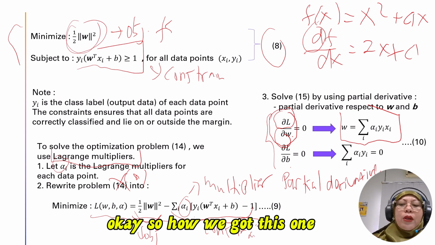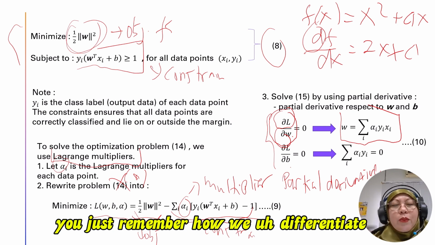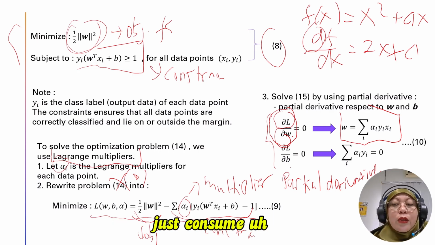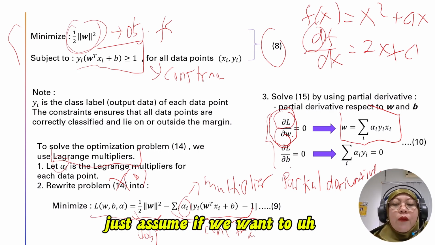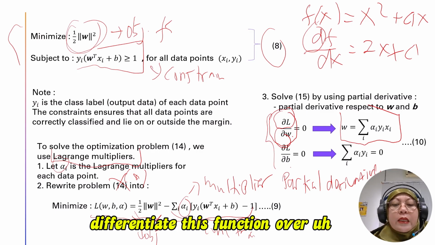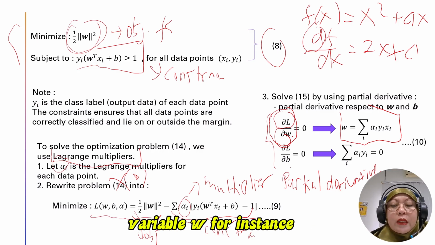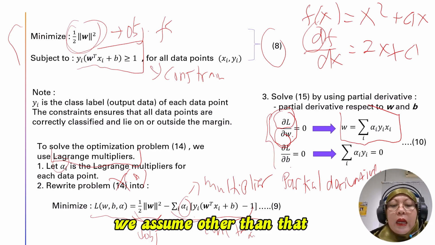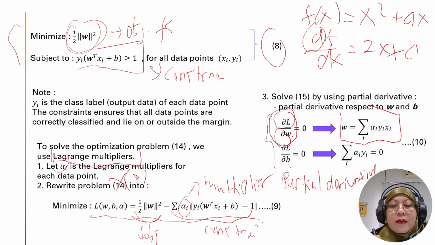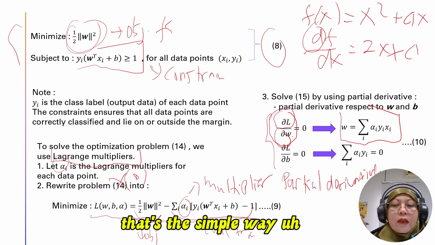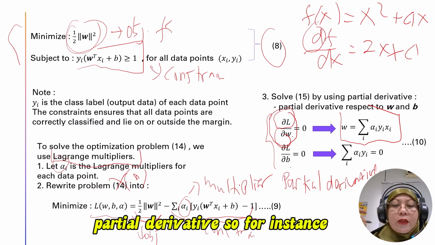So how did we get this one? You just remember how we differentiate. Assume if we want to differentiate this function over a variable w, we assume everything other than w is a constant. That's the simple way to use the partial derivative.